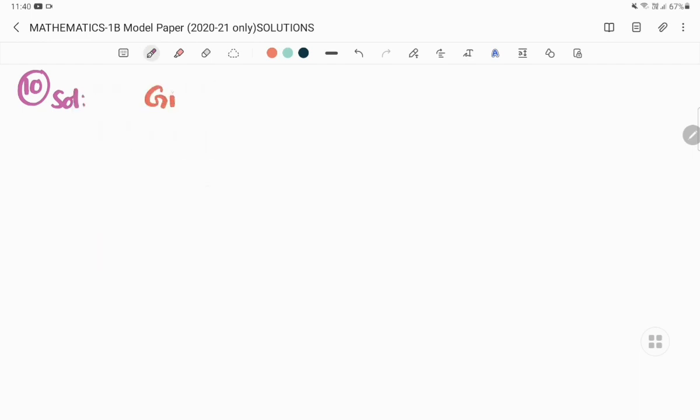Given curve y is equal to 3x power 4 minus 4x. Call that equation number 1.